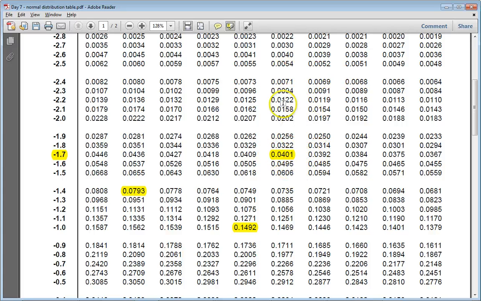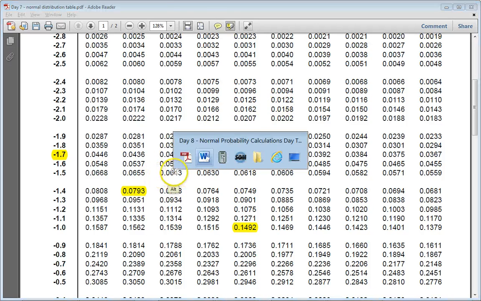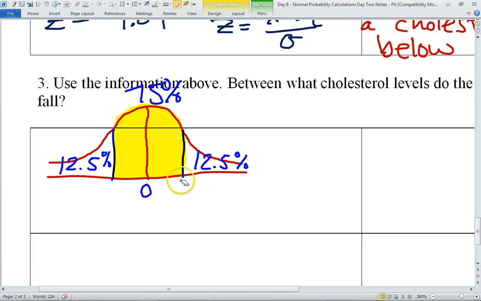These percentages are all percentages to the left. So, looking back at this picture, these are the two values I'm trying to figure out, okay? I'm trying to figure out this spot and this spot. But these numbers are not the numbers I need. Well, one of them is, but I need the numbers to the left of each of these arrows.